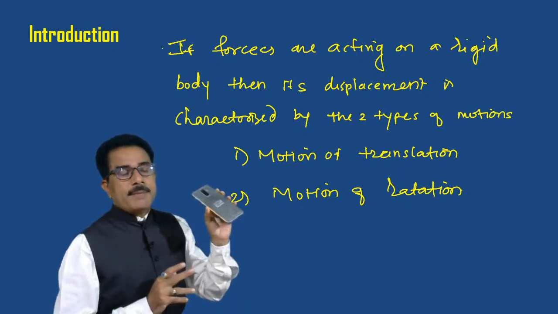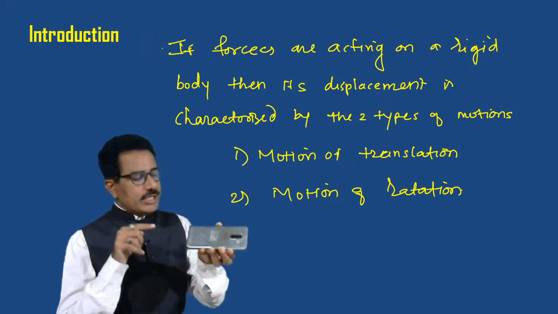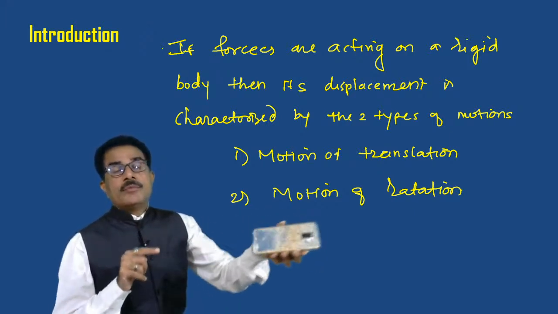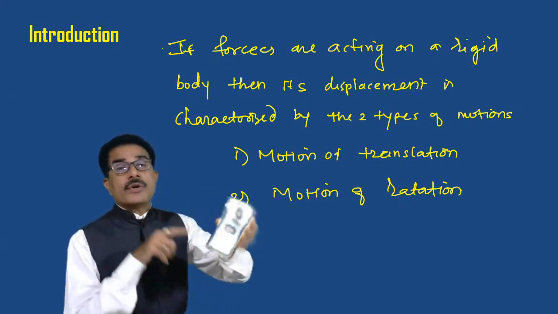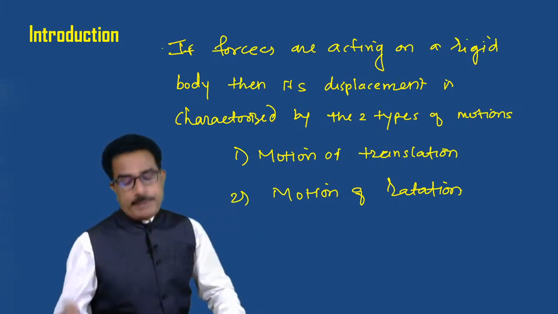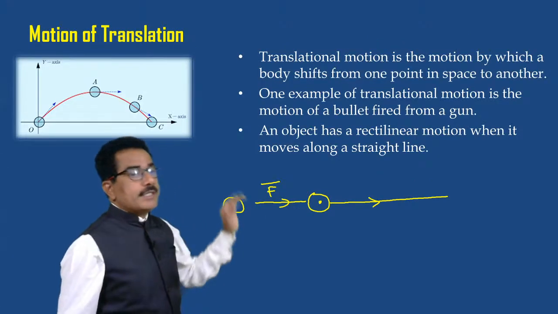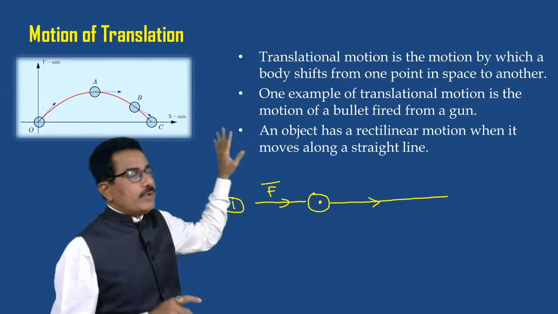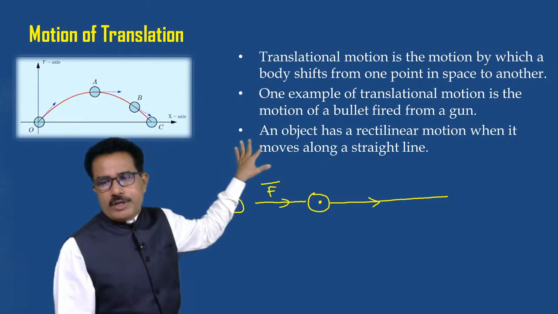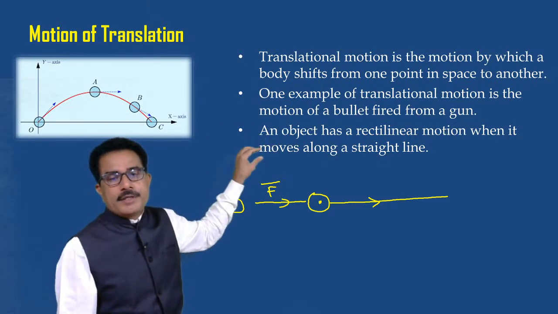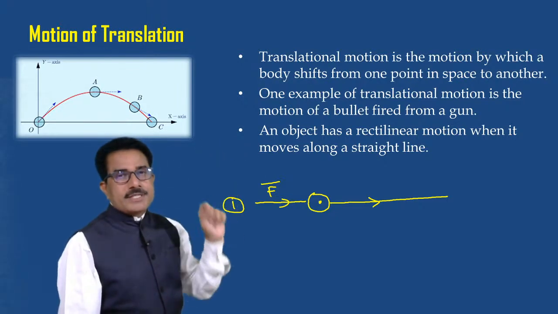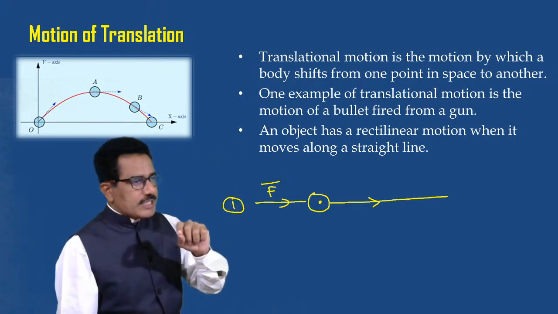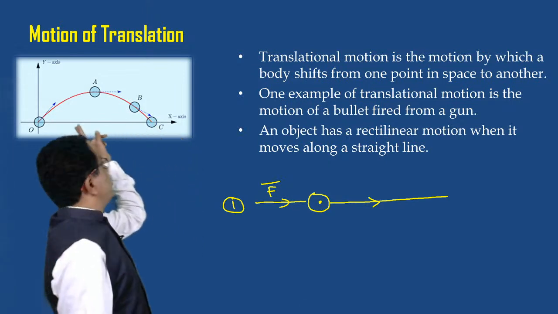The first type of displacement may be motion of translation, and the second type is called motion of rotation, which depends on the force on that body. We have seen in the last lecture in depth what is meant by motion of translation. Motion of translation means a particle displaces from one point to another point.